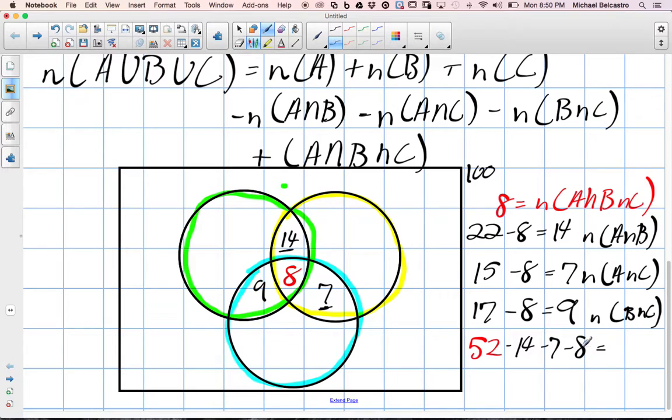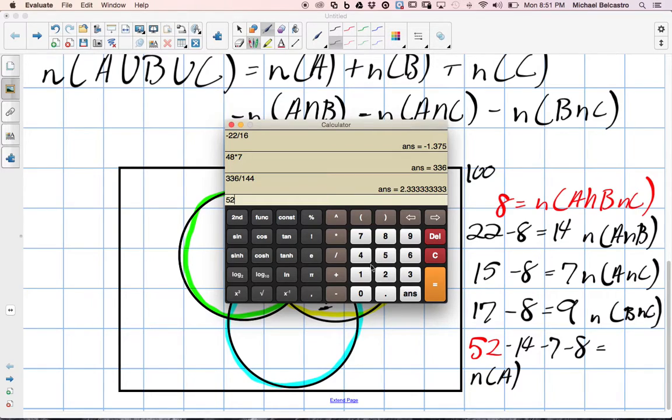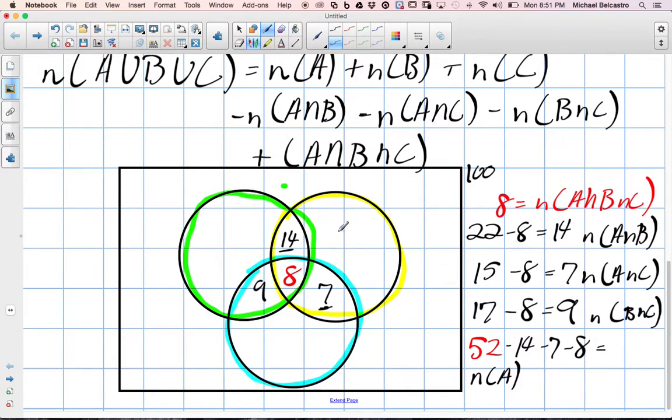So there's a lot of extra work in there. Okay, so just for our calculus, which I think was our set A we called it. We'll bring out a quick calculator here to help us out. 52 subtract 14 subtract 7 subtract 8 is equal to 23. So there are 23 people who are only taking the calculus course.